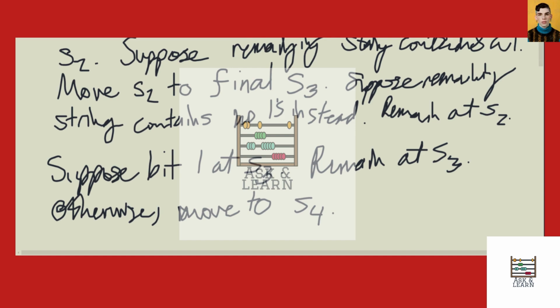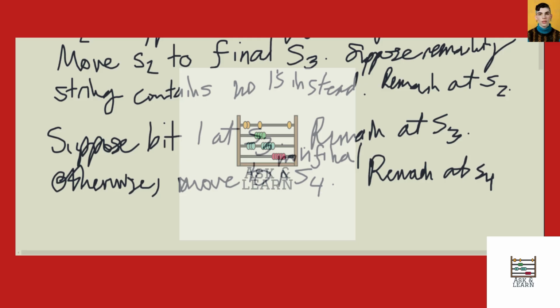The reason this is a new non-final state instead of, say, S0 is because once we reach this point, the string can never be recognized. So we don't want it to ever be recognized. And after this, remain at S4 for any input.